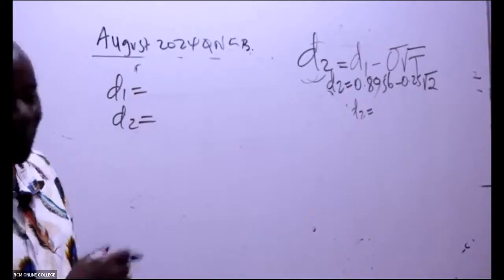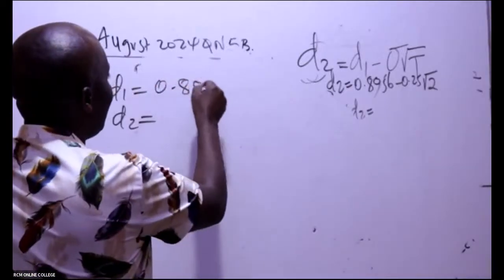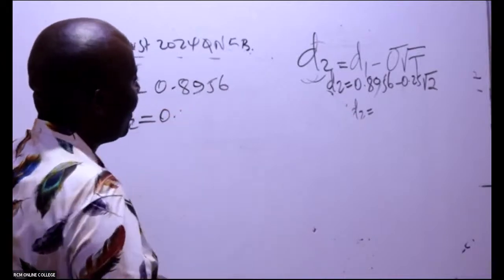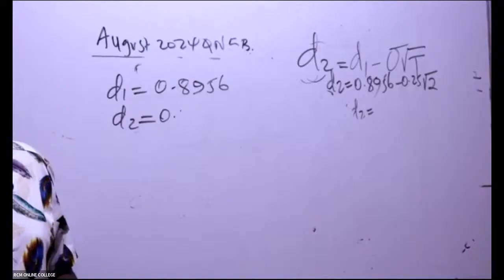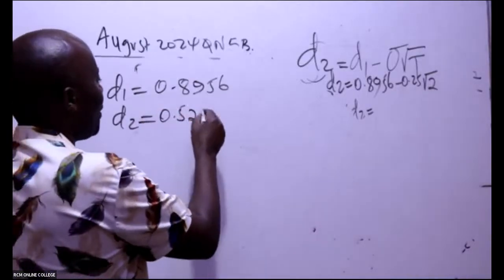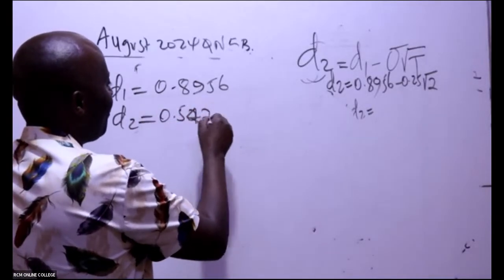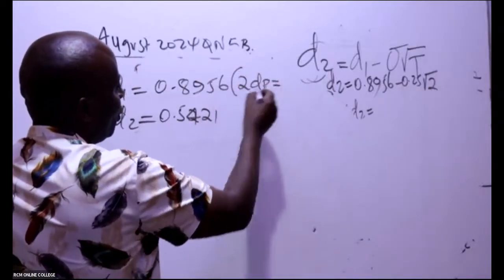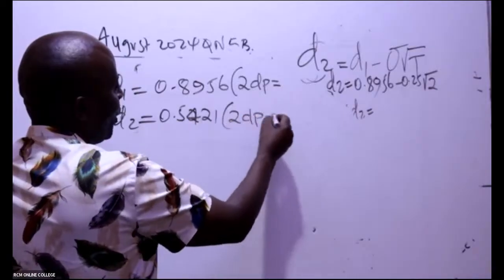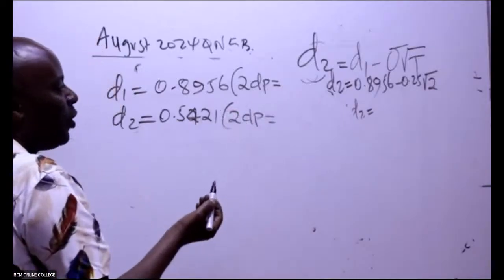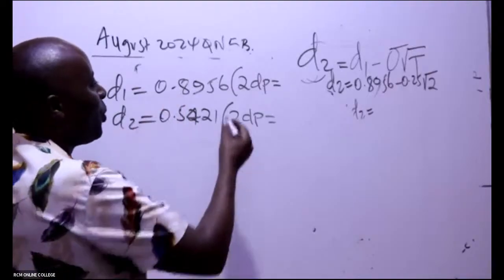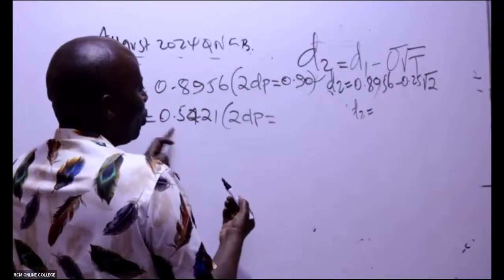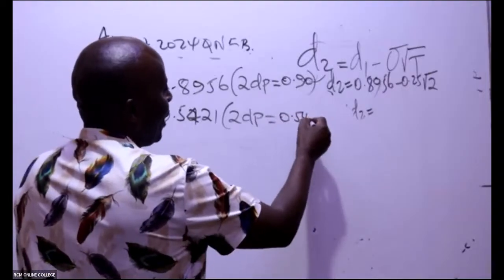So D1 is 0.8956, and D2 you have gotten as 0.5421. Now please change these to 2 decimal places, for us to be able to read this from our tables. So D1 will be 0.90, and D2 will be 0.54.